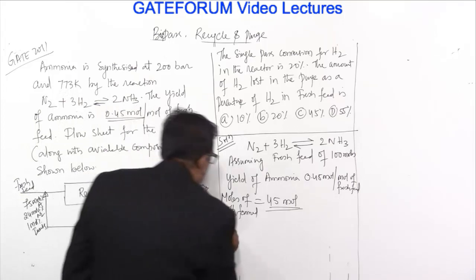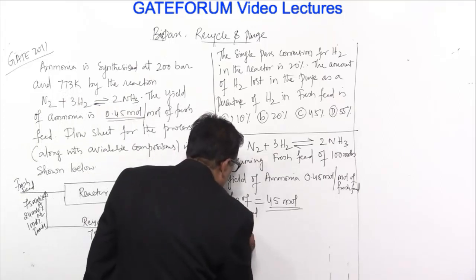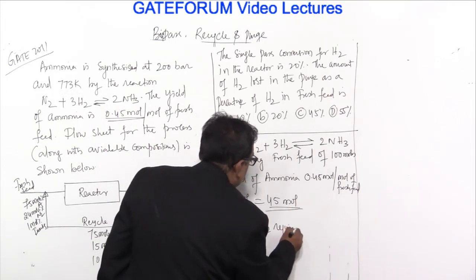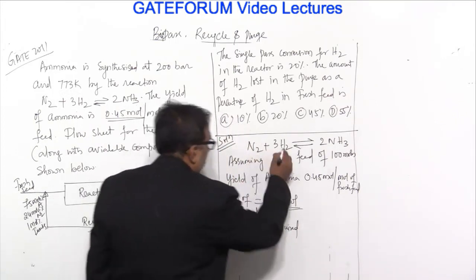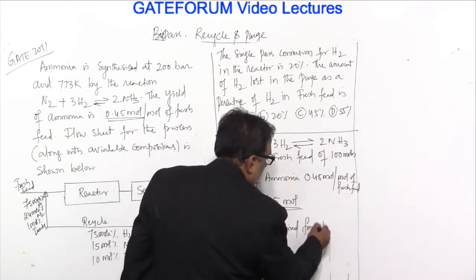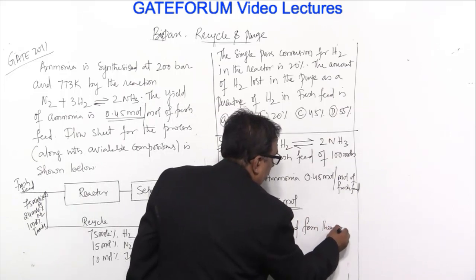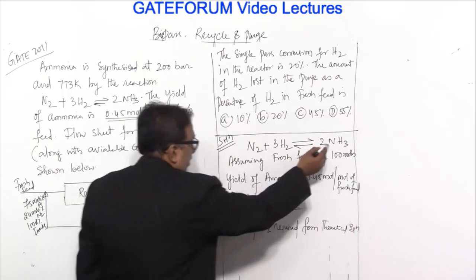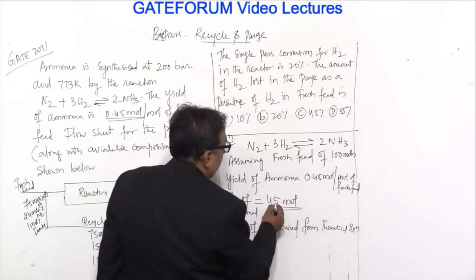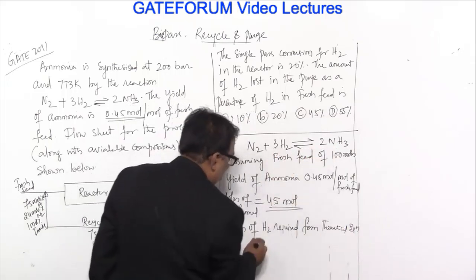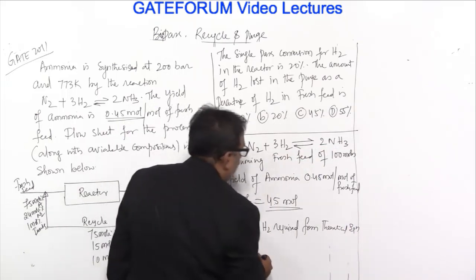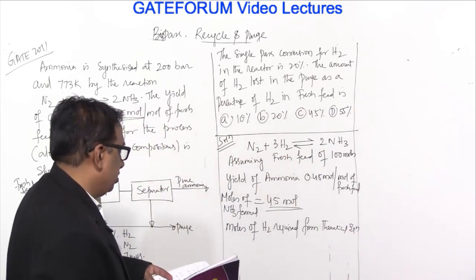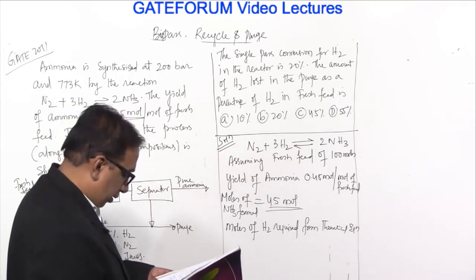Now, moles of H2 required from the theoretical equation: 3 moles of H2 to 2 moles of NH3.